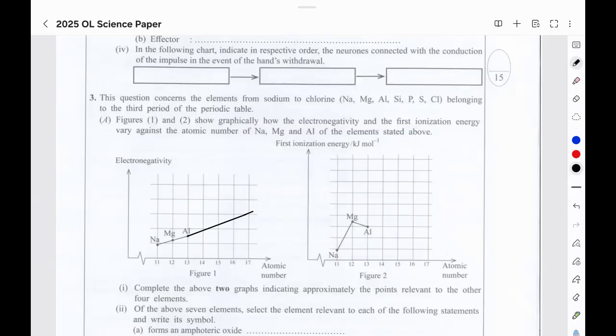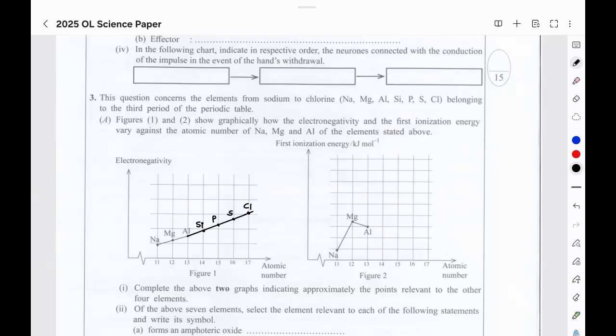So this is silicon, phosphorus, sulfur, chlorine. You don't have to draw that one to the correct scale. They are not expecting like that. They are only checking the variation, gradual increment. That's all.